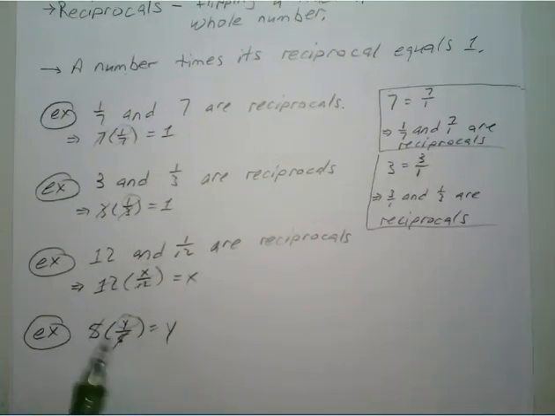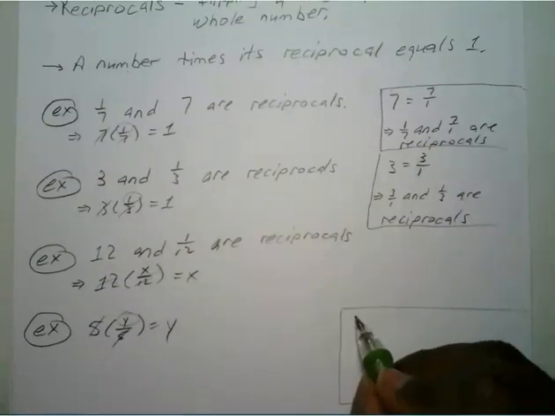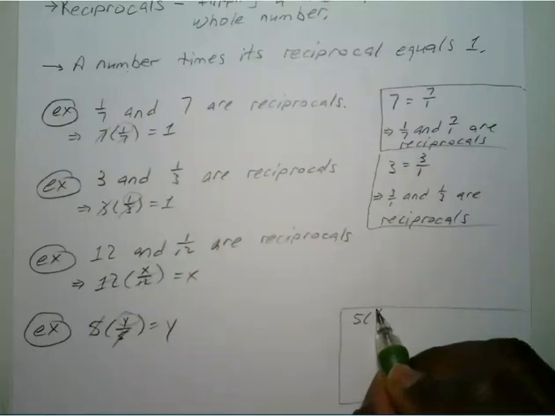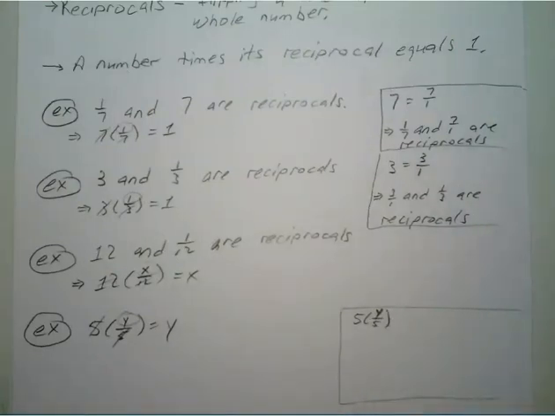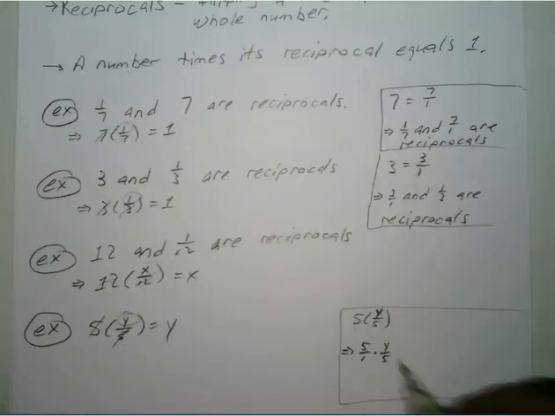Okay, so just in case you're wondering why these cancel out, I'm going to do one and show you why. So let's say we have 5 times y over 5. Just a quick explanation. Remember, 5 is the same as 5 over 1. So we have 5 over 1 times y over 5.